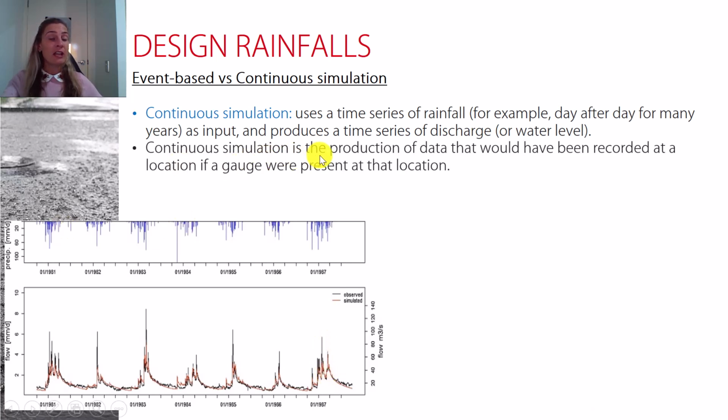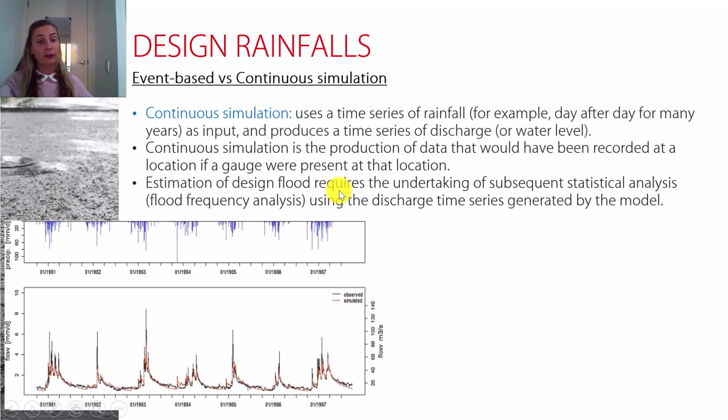So continuous simulation could also be understood as the production of data that would have been recorded at a location if a gauge were present at that location. Okay, so it's like a time series of discharges in a catchment, which would be the same as the ones recorded by a gauge if we had a gauge installed and operating in the catchment.